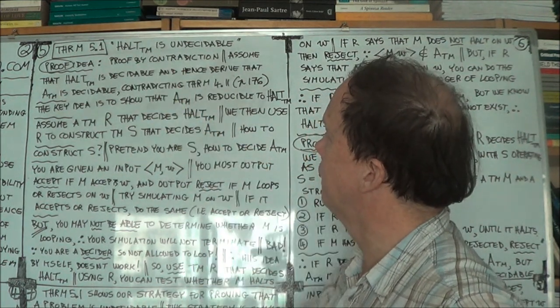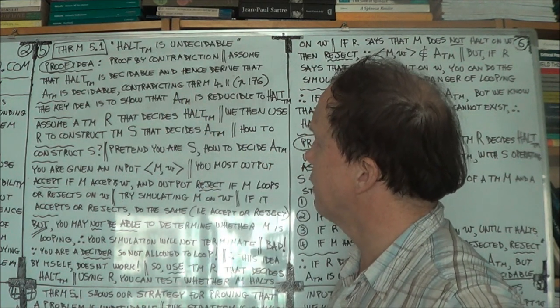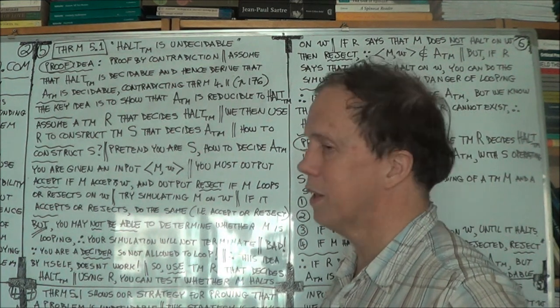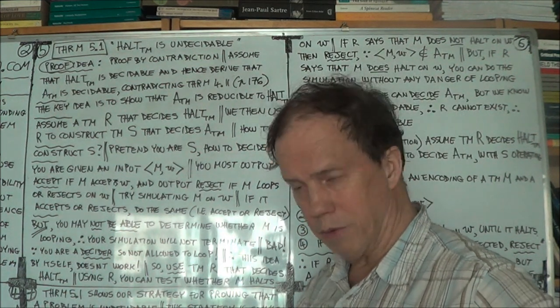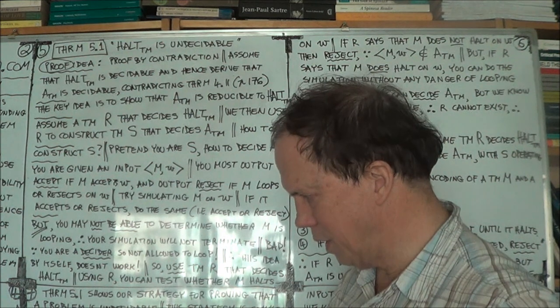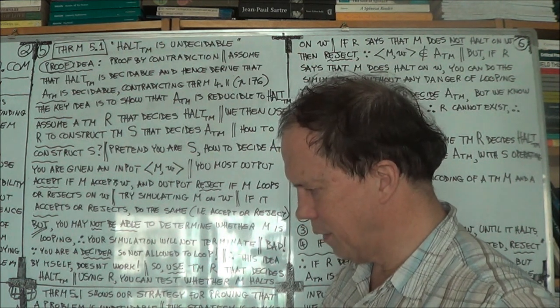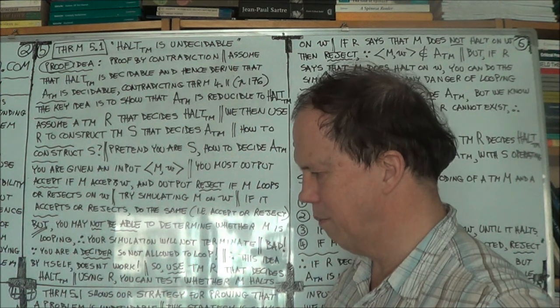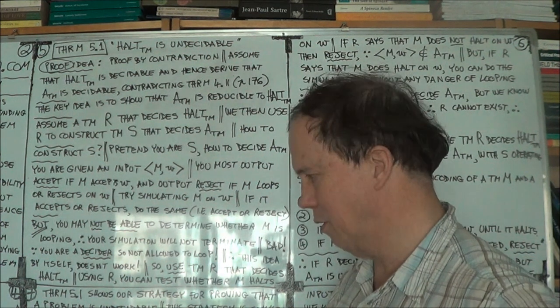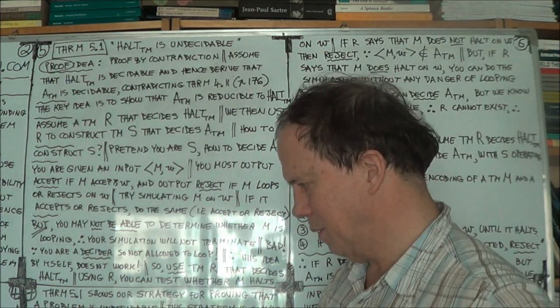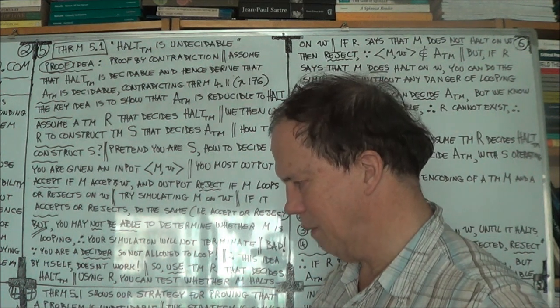How to prove that this language, HALT_TM, is undecidable. And just a bit of quick revision. What is HALT_TM? The language consists of ordered pairs ⟨M, w⟩. M is a Turing machine. w is the input string to that Turing machine.